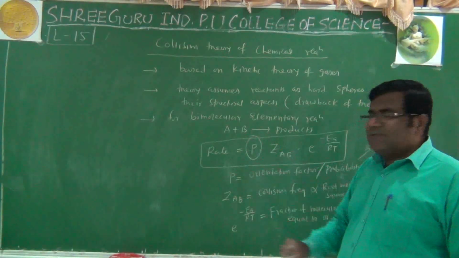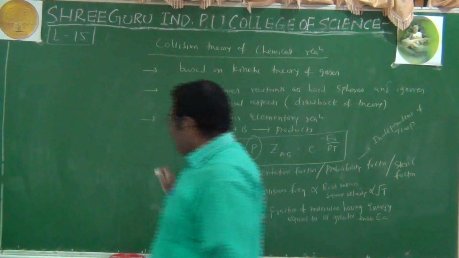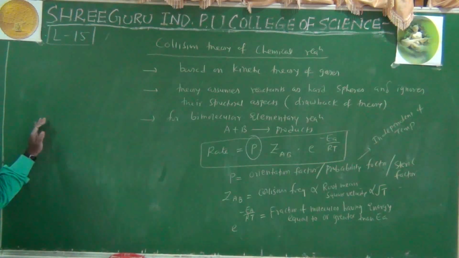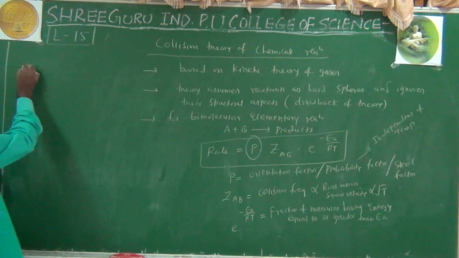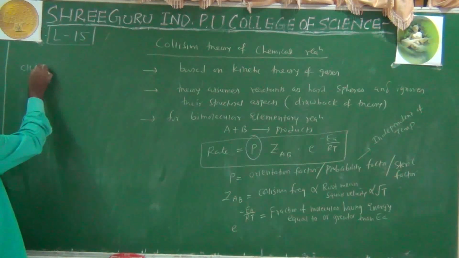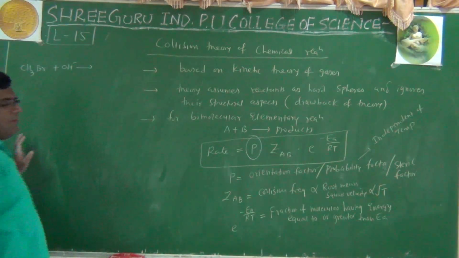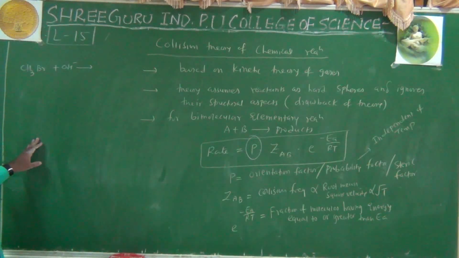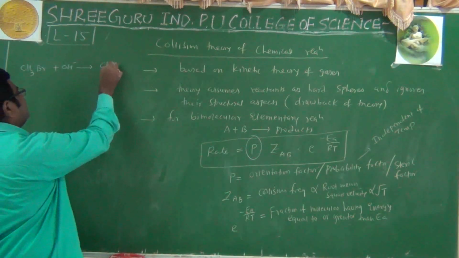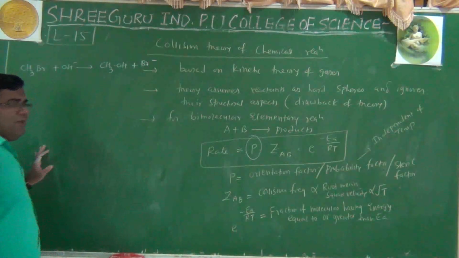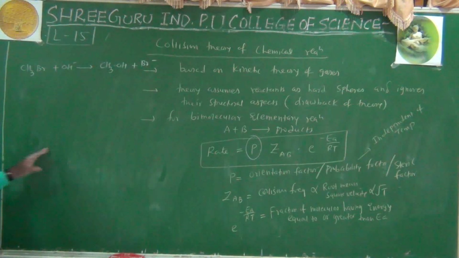First we consider this P factor. What does the theory say? They have given a very good example in our NCERT textbook: methyl bromide reacts with this OH negative ion and forms methanol, and the bromide ion is released.